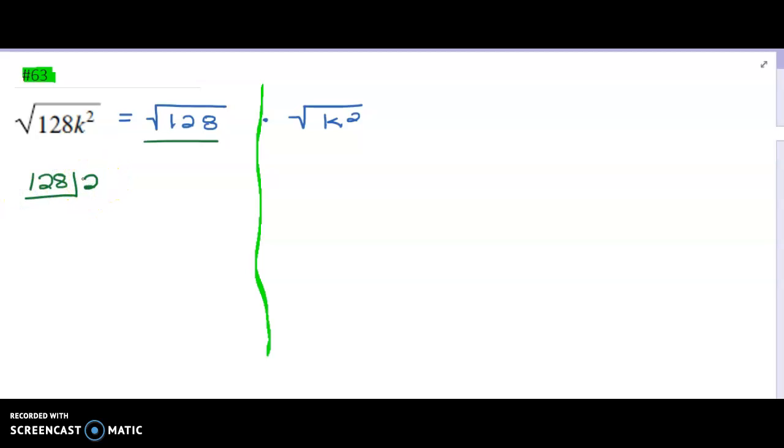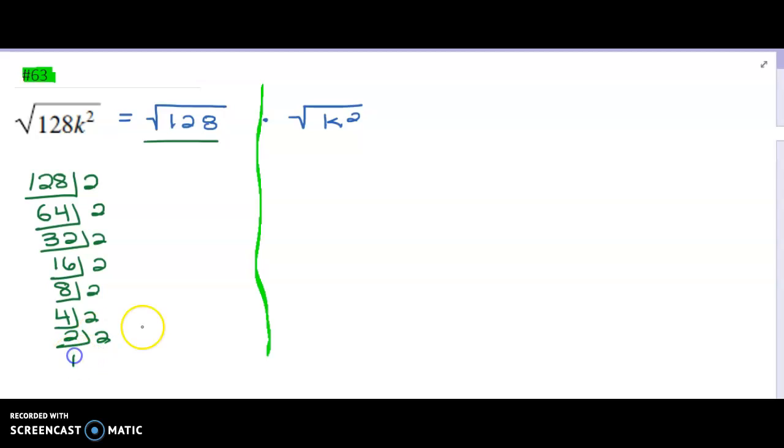So 2 goes into that 64 times. 2 goes into that 32 times. 2 goes into that 16. 2 goes into 16 8 times. 2, 4. 2, 2, 2, 1, 1, we're done. Bunch of 2's.